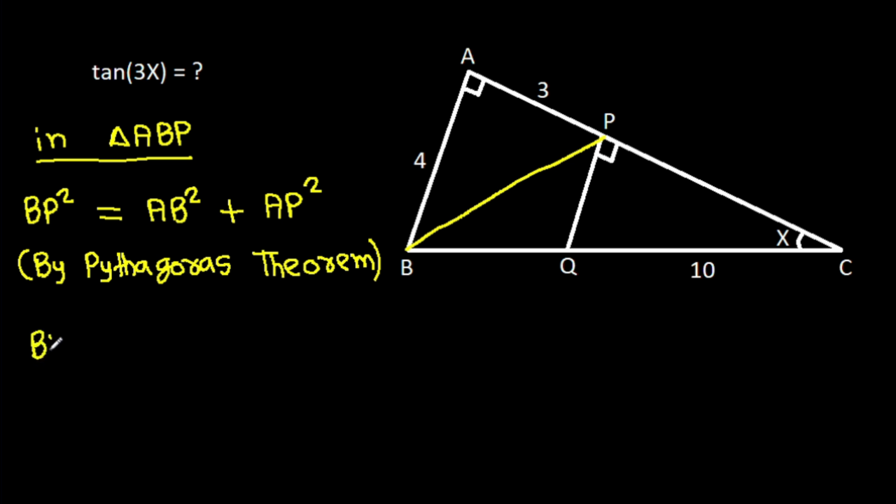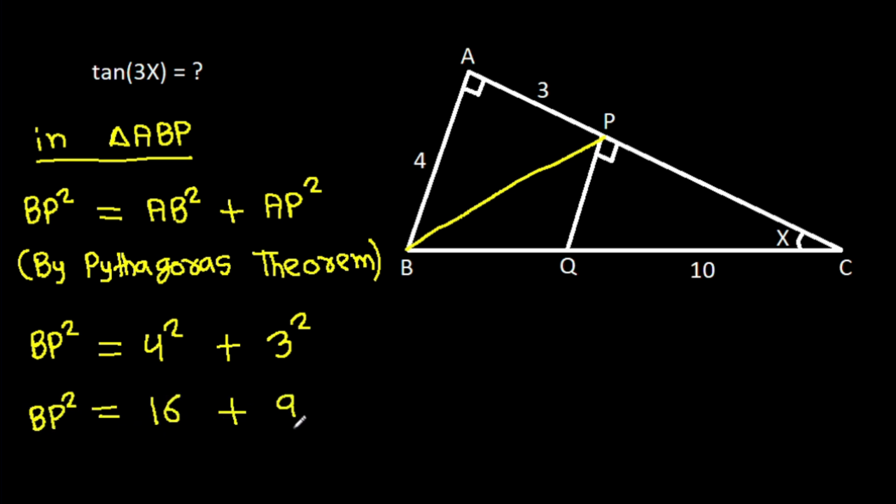And BP square is equal to AB, which is 4, square plus AP, which is 3, square, and BP square is 16 plus 9, that will be 25. So BP will be root 25, that will be 5. So BP is 5.